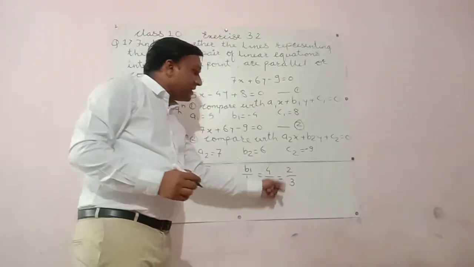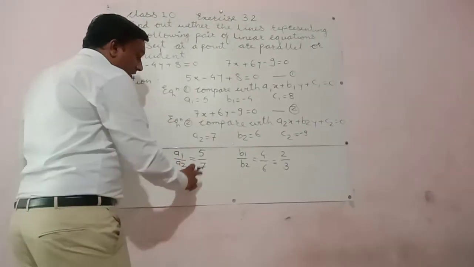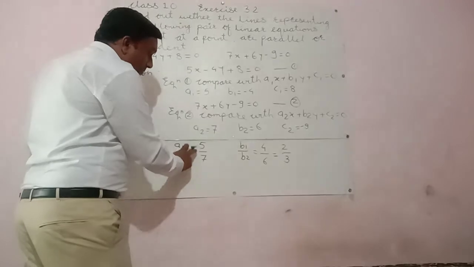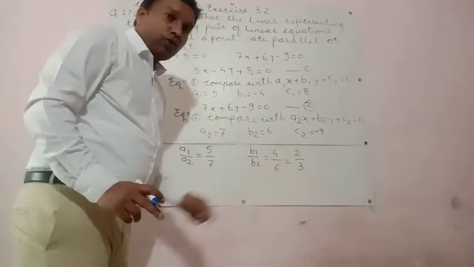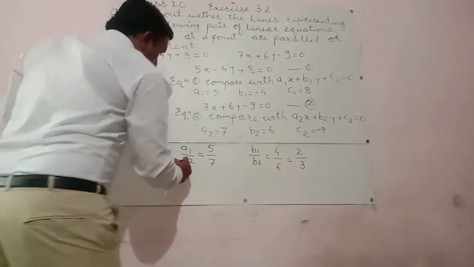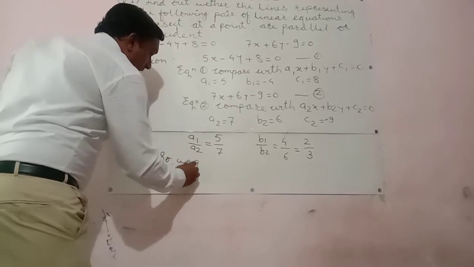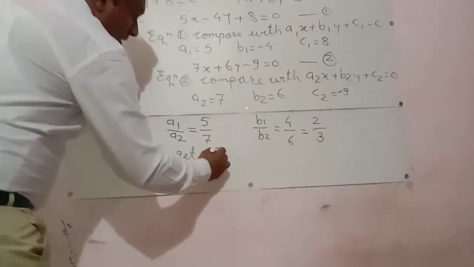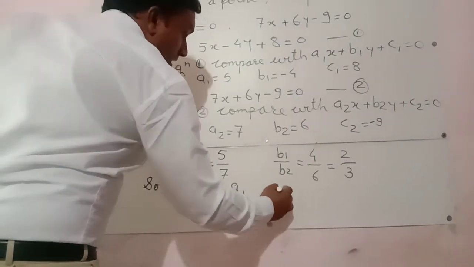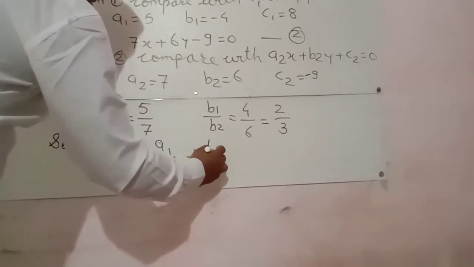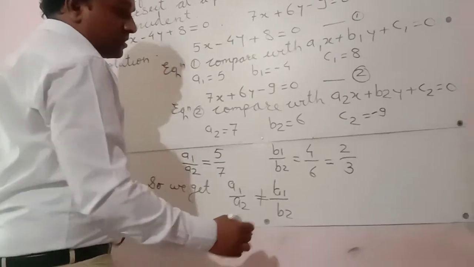So we simplify it to 2 upon 3. Now if we observe, the ratios a1 upon a2 and b1 upon b2 are not equal. So we get a1 upon a2 is not equal to b1 upon b2.